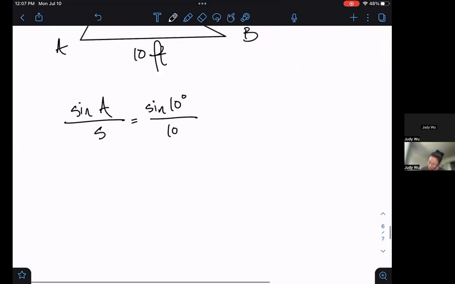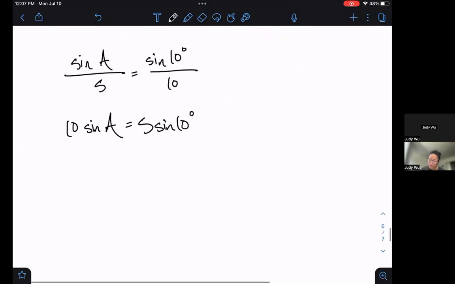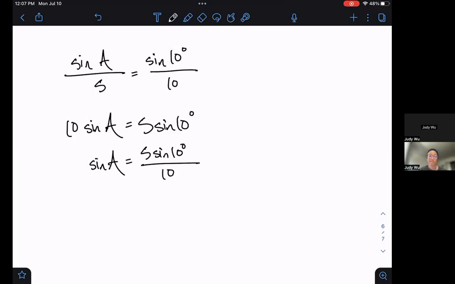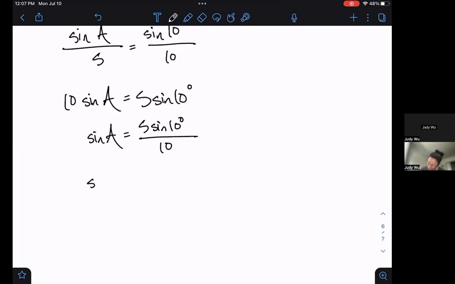Sine A over 5 equals sine 10 over 10. I'm going to cross multiply. 10 sine A equals 5 sine 10 degrees. And I'm going to divide both sides by 10. Sine A equals 5 sine 10 degrees over 10. All right, I'm going to put that into the calculator and see what I get for sine A, okay?